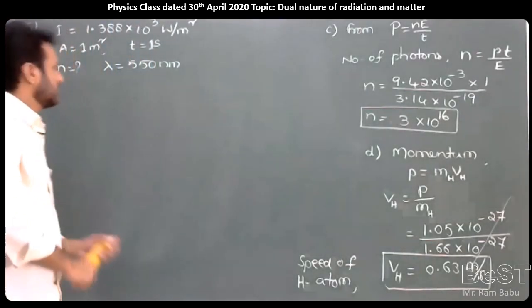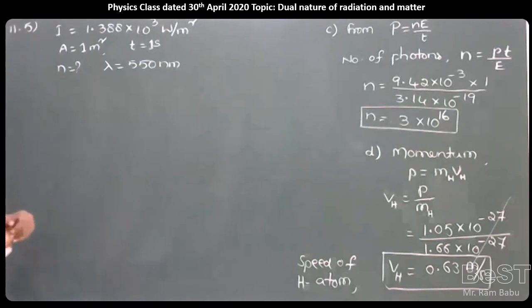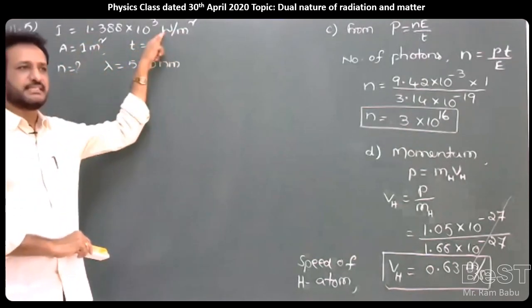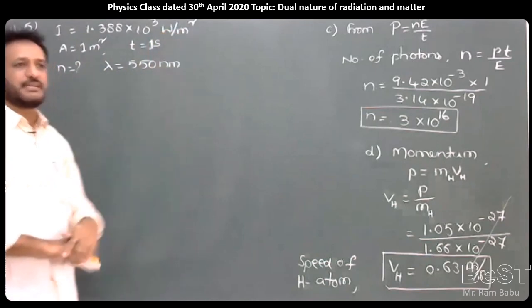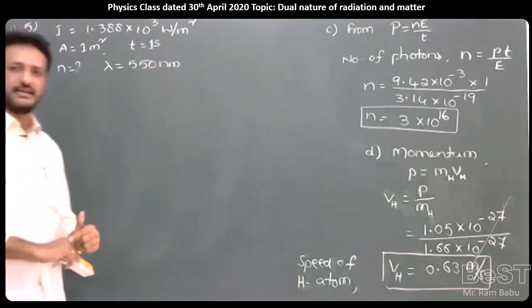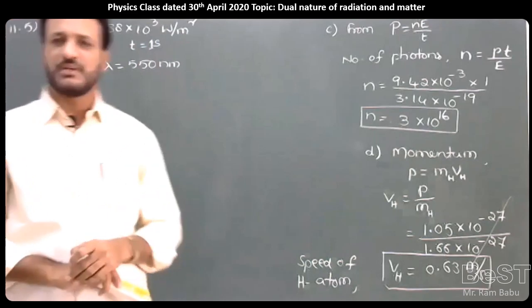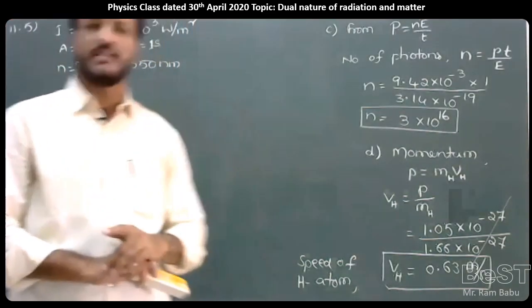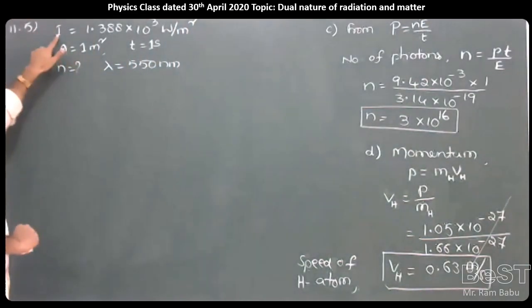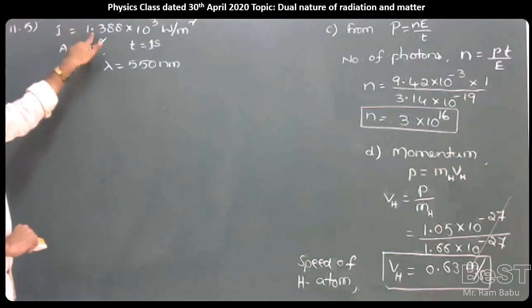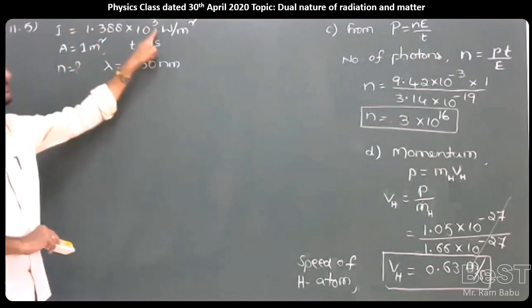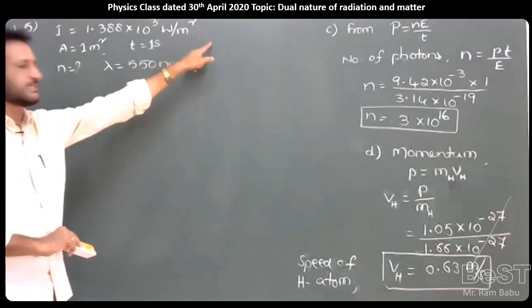So now check once again. Here they given watt per meter square, which represents intensity. The amount of energy transmitted per unit area per unit time is also called the intensity of the light. So indirectly they given the intensity of the light, I equal to 1.388 into 10 to the power of 3 watt per meter square.